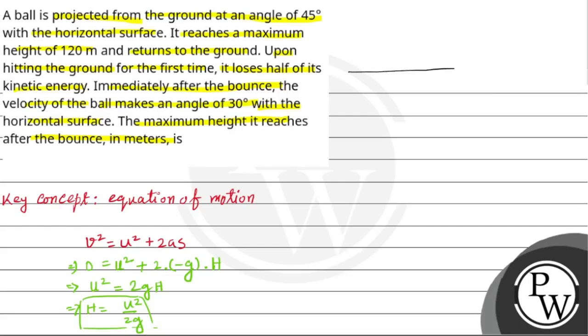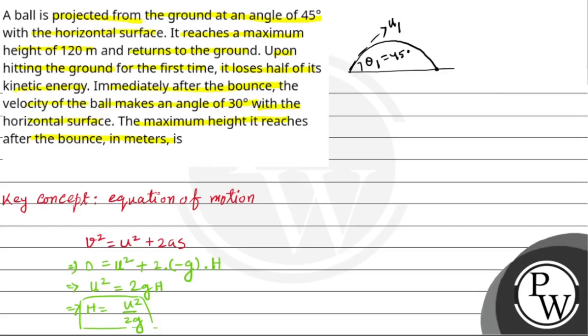क्वेश्चन में हमसे कहा गया है कि हमने बॉल को पहले 45 डिग्री एंगल पे ग्राउंड से प्रोजेक्ट किया है. सो दिस इज थीटा 1 which is equal to 45 degree, and suppose the velocity it is projected with is u1.